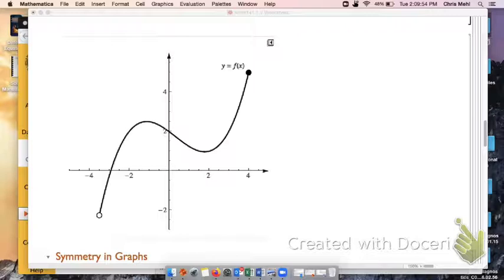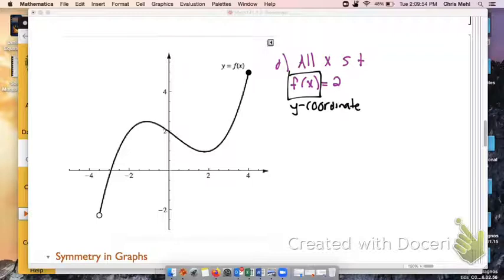Again, this is notation for a y-coordinate. We need to find the value of x when the y-coordinate is positive 2.